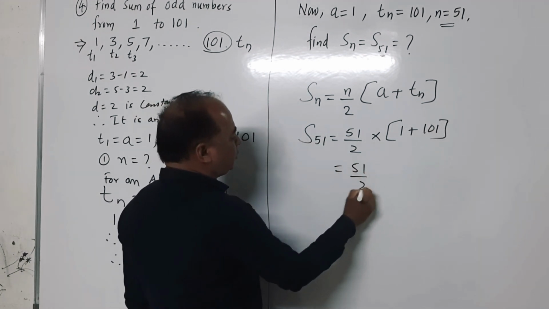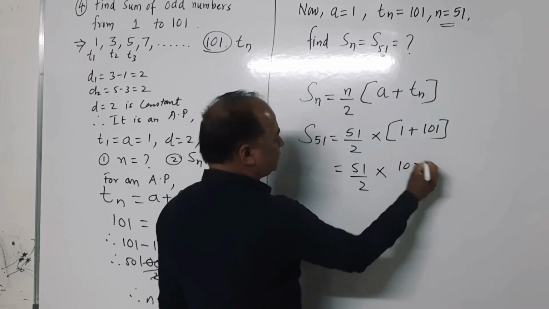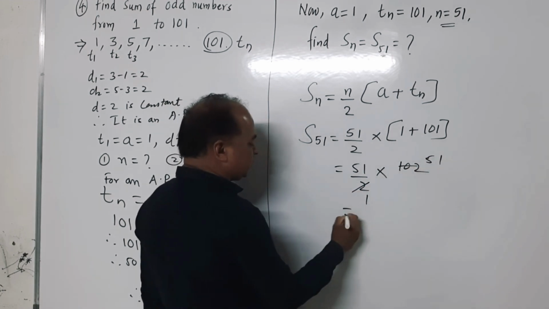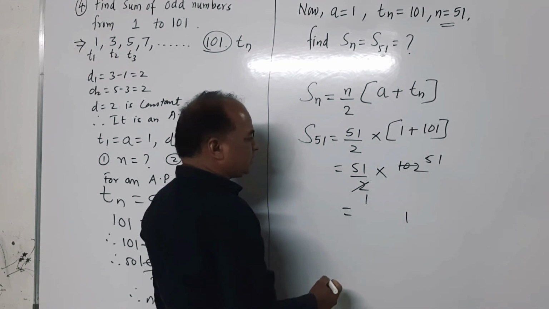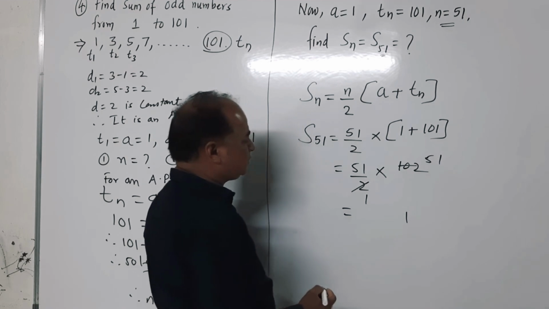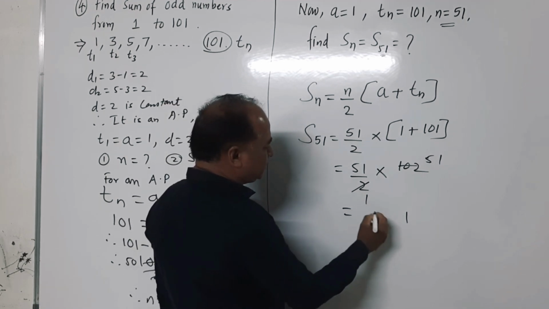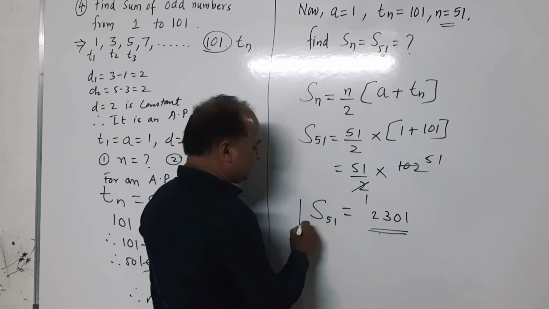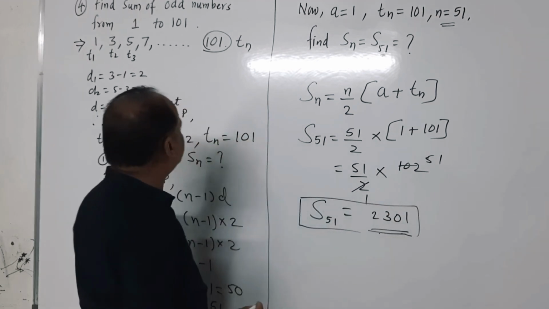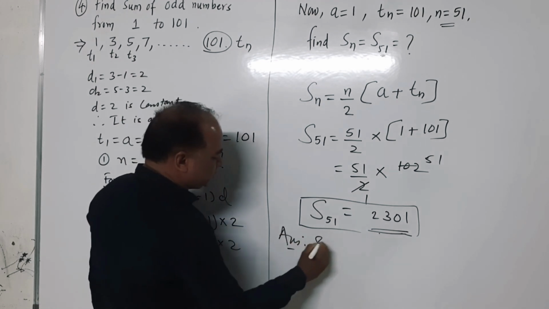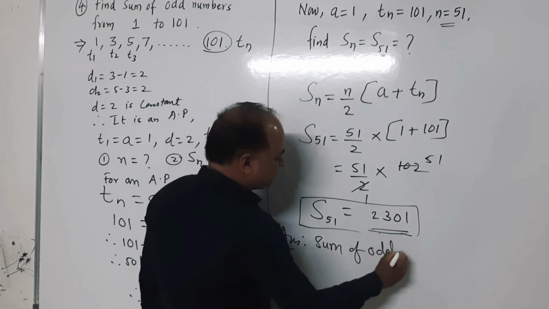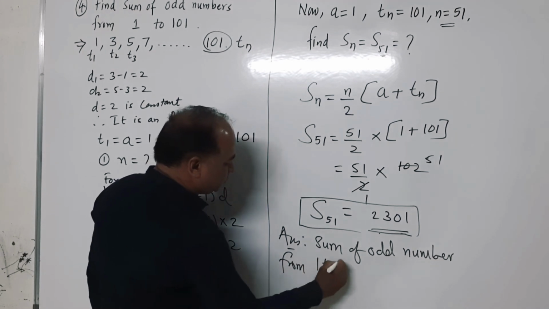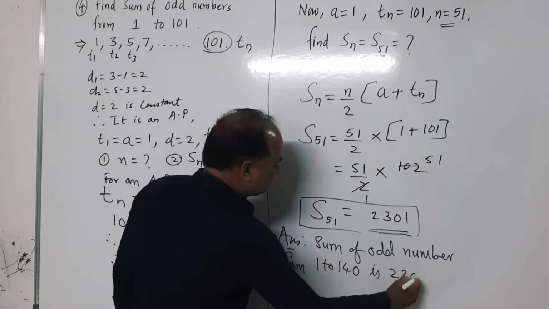Therefore, 51 upon 2 into 101 plus 1 is 102, 2 1s are 2, 2 5s are 10, is equal to 51 into 51. 51 1s are 51, carry 5, 51 5s are 255 plus... So S51 is equal to 2601. So the sum of odd numbers from 1 to 101 is 2601.